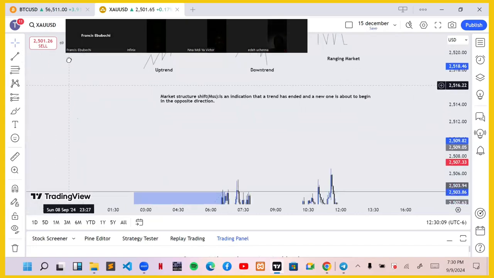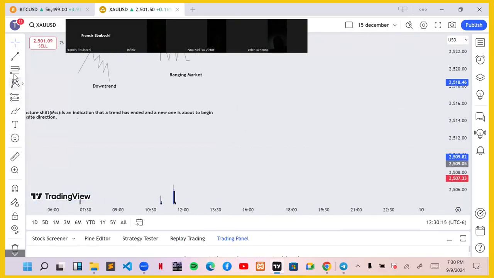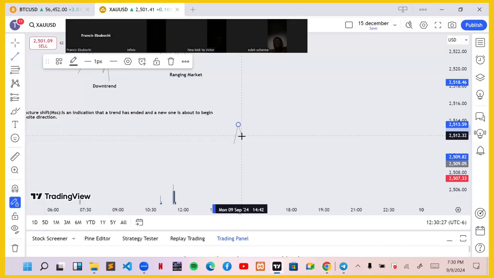For example, let's say that the market was previously on an uptrend, something like this. You know what an uptrend is: the market is making a series of higher highs and higher lows. That's what it means for the market to be on an uptrend. So let's say this is what the market has been doing: higher highs and higher lows.